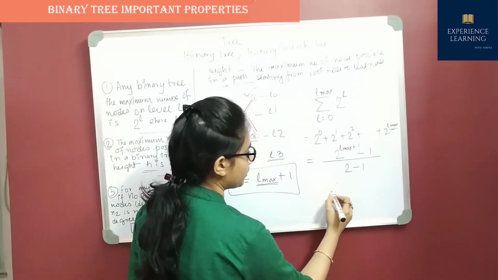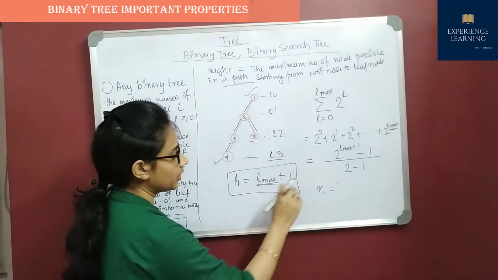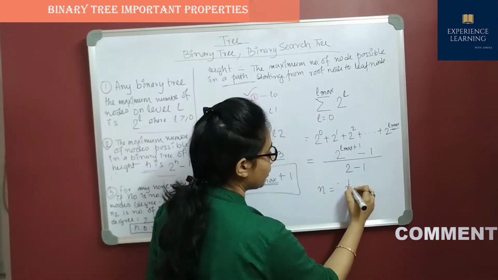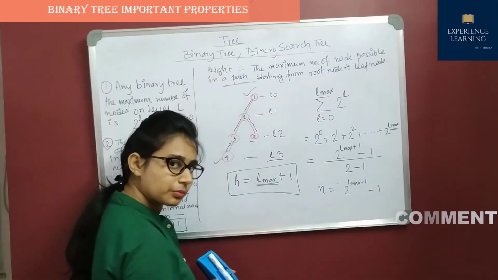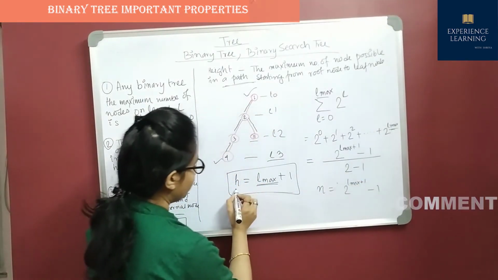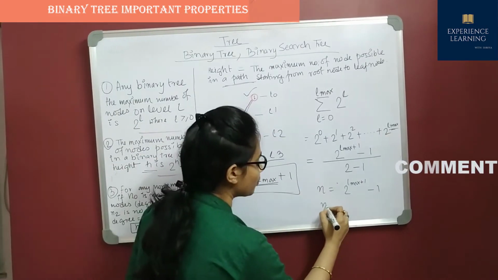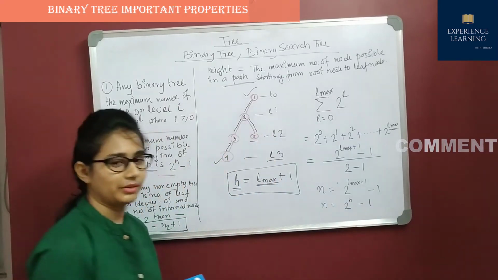So here the total number of nodes possible is n equals 2 to the power L max plus 1 minus 1. We also know that H equals L max plus 1. So from here I can easily write 2 to the power H minus 1.